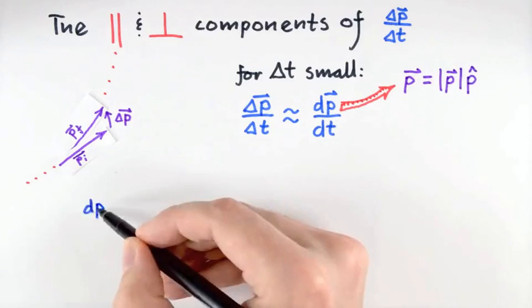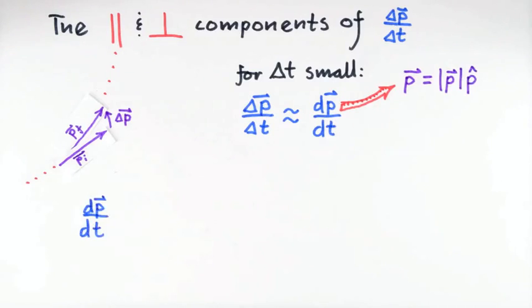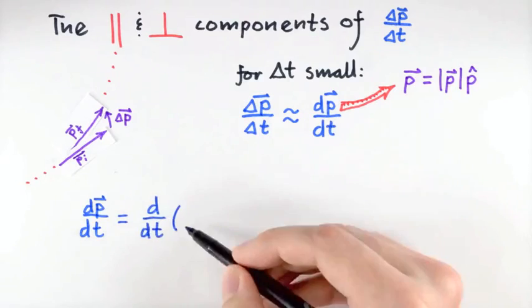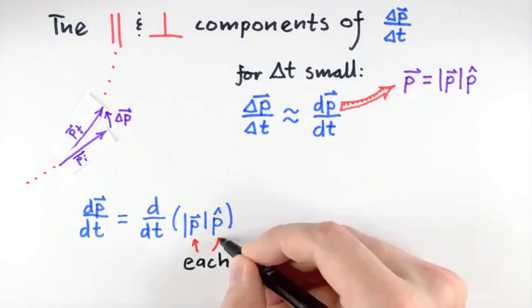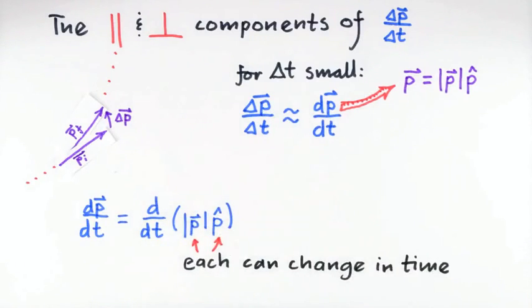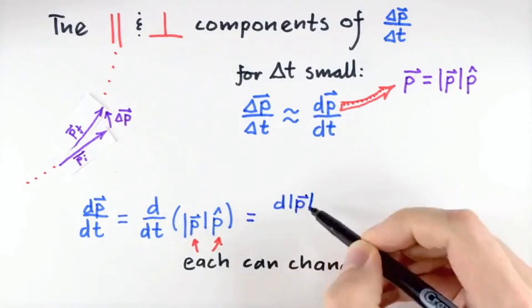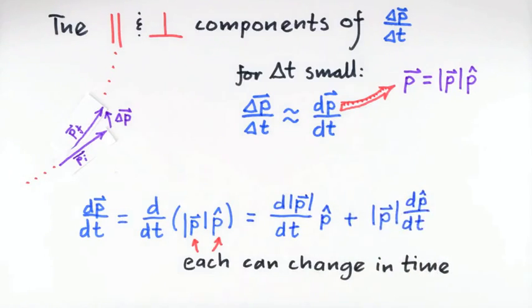This means we can write the derivative dP dt as the derivative of the product of the magnitude of p times p hat with respect to time. Now, since the magnitude and the direction of the momentum can each change with time, we must differentiate this product using the standard product rule for derivatives, and we end up with two separate terms.